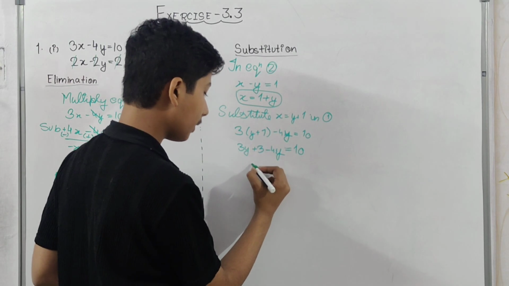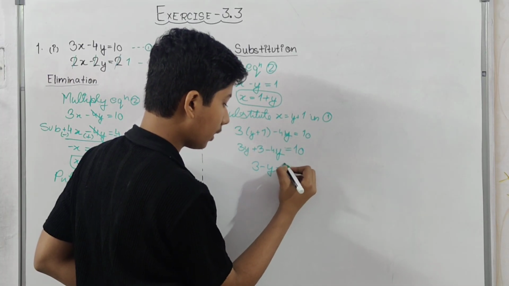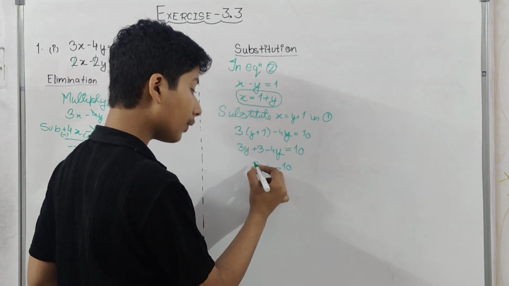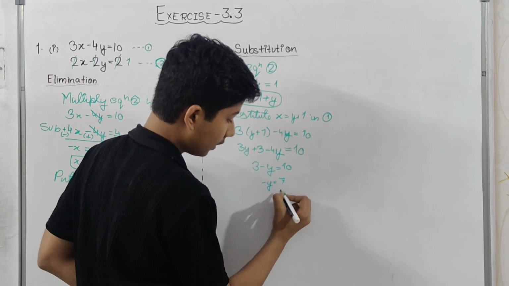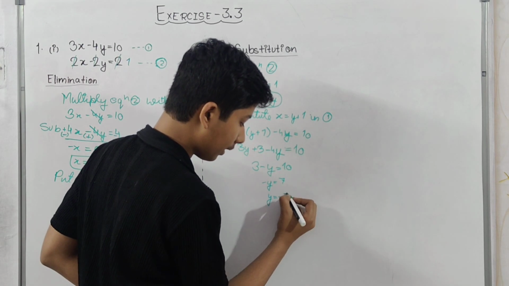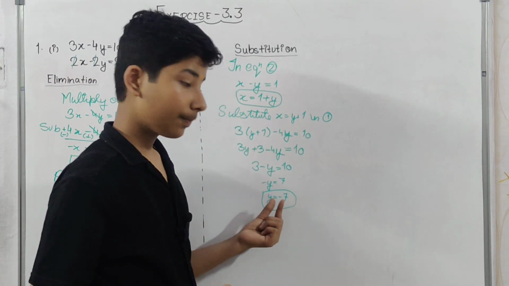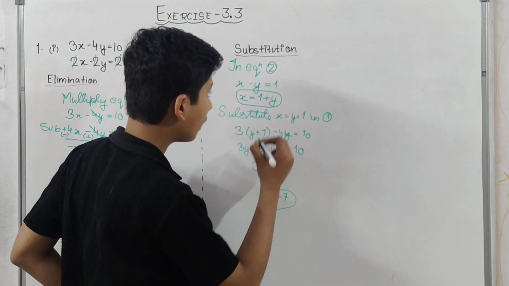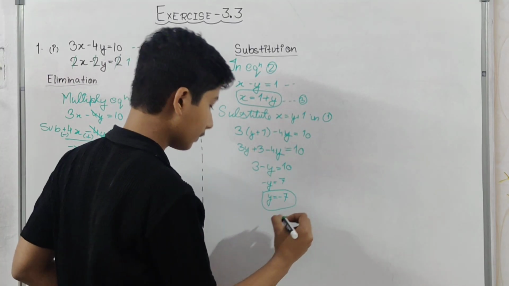Now 3y minus 4y equals to minus y, plus 3 equals 10. Now we will send this 3 that side. So it will be minus y equals to 7. So y equals to minus 7. Now again we'll put this in this equation, I mean equation 3.